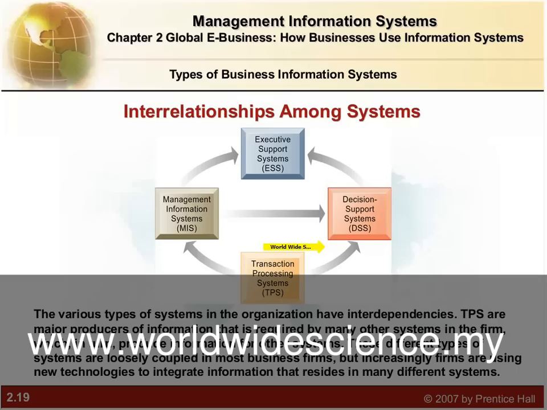The other thing is enterprise applications. By reviewing all the different types of systems we have just described, the systems from the functional perspective and also from the constituency perspective, you may wonder how a business can manage all the information in these different systems.